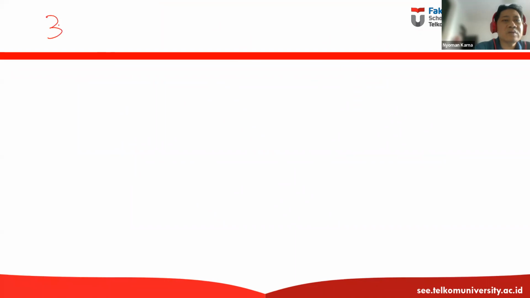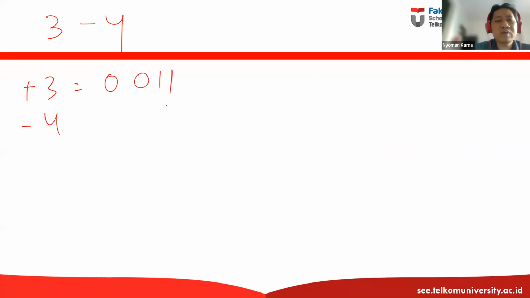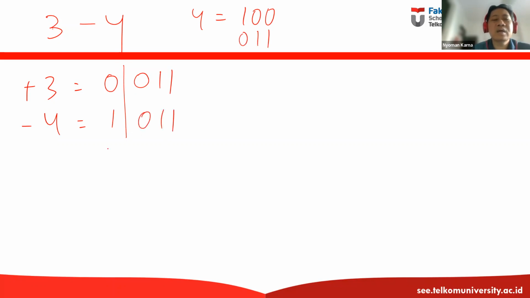So let's say I'm going to have 3 minus 4. 3 is positive, and then 0, 1, 1. This is the sign bit. And then negative 4, remember, 4 is 1, 0, 0. So in 1's complement, it will become 0, 1, 1. And then the sign bit is negative.